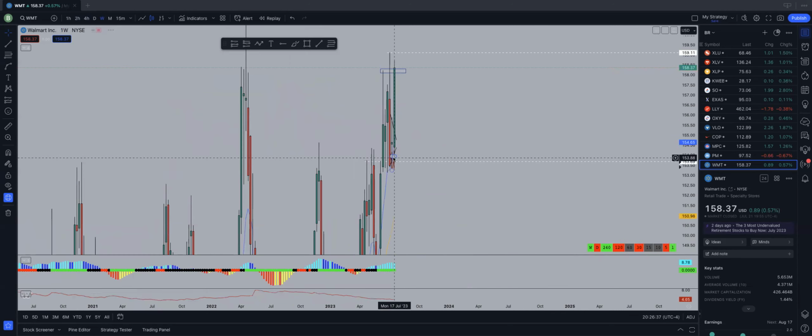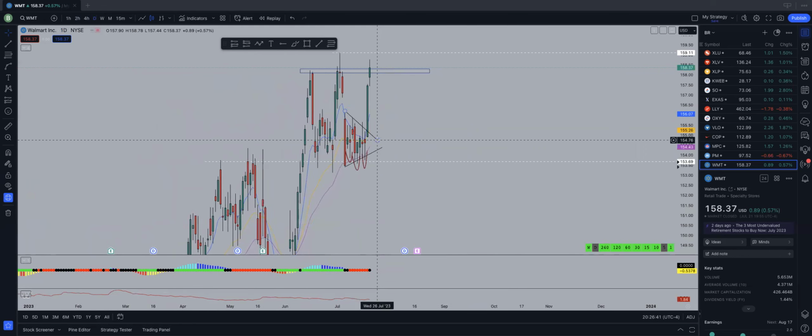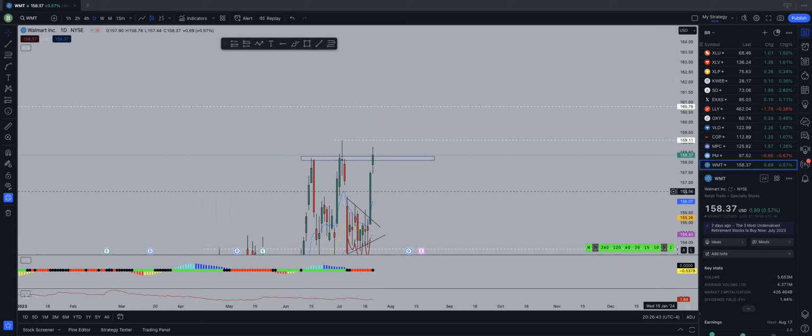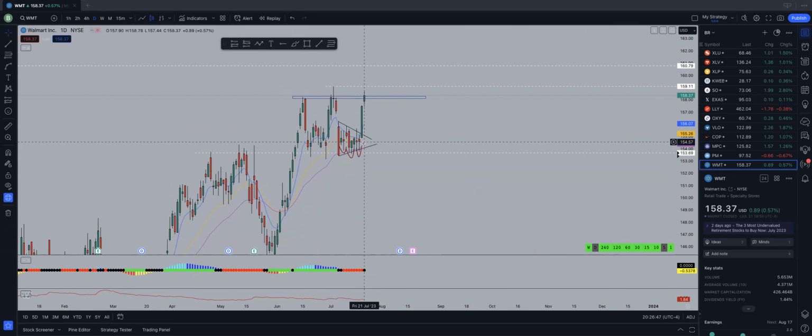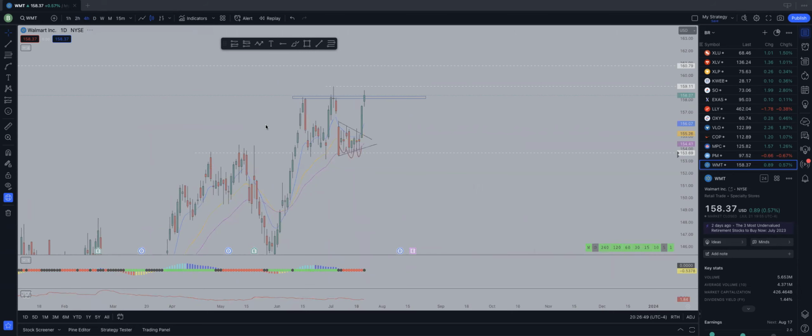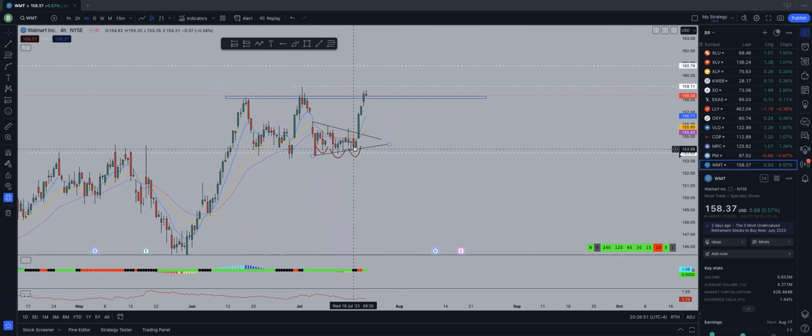We had a weekly break of resistance, now it's turned to support. We had a daily hold above the EMAs, showing me that we're continuing to hold the uptrend. And then you go to look at the 4-hour, we had an inverse head and shoulders, and with this, whatever you want to call it, symmetrical triangle type deal.